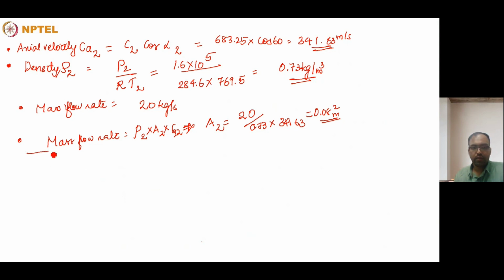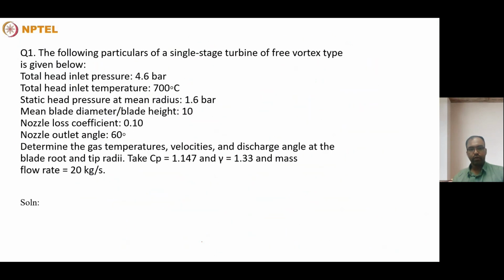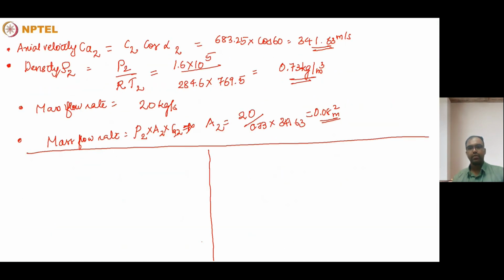So after calculating this one, we can calculate the diameter values. Ultimately we need to calculate the blade angles, the discharge angle at the blade root and the tip radii. We know the ratio between the mean blade diameter to the blade height is given as 10.